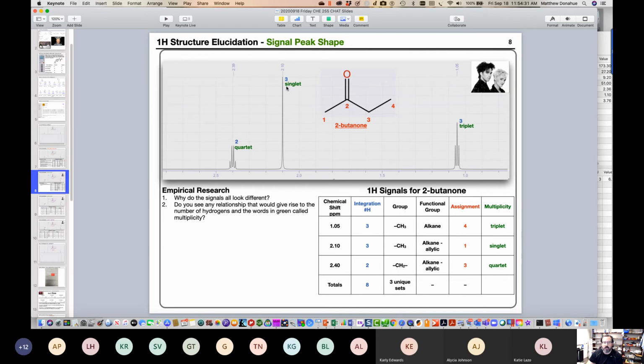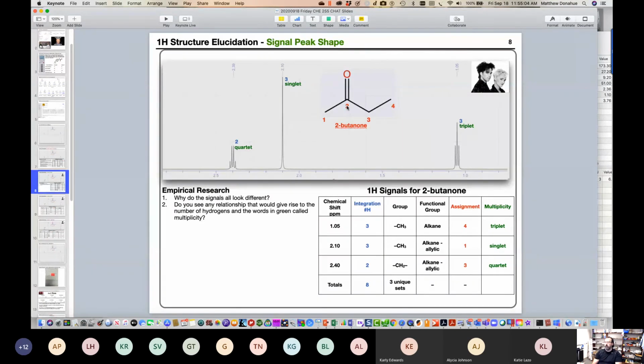There's 3 hydrogens, but the peak is called a singlet. And according to what Mac is saying, how many neighboring hydrogens are on this carbon? So how many hydrogens are on carbon 2? So there's none. But we're calling the word a singlet.